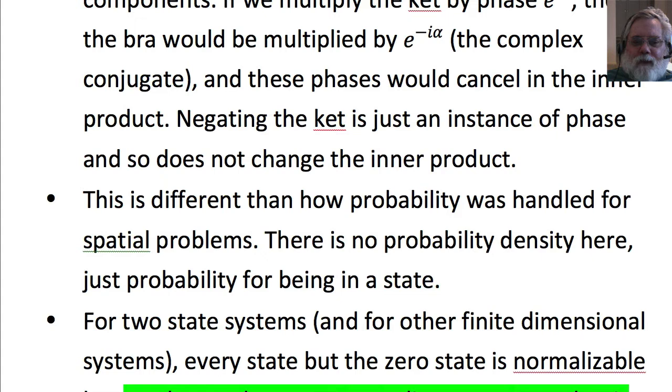Now, this way of handling probability is different than how probability was handled for spatial problems. In spatial problems, we calculated probability density, and we always normalized a state so that the probability density would be meaningful. There's no probability density here, just probability for being in a state.